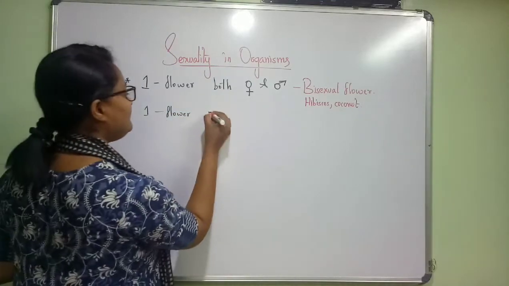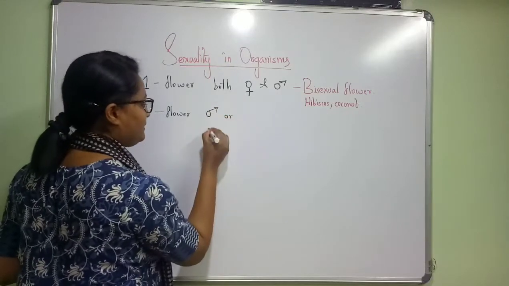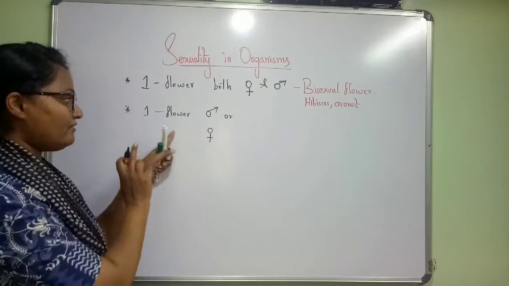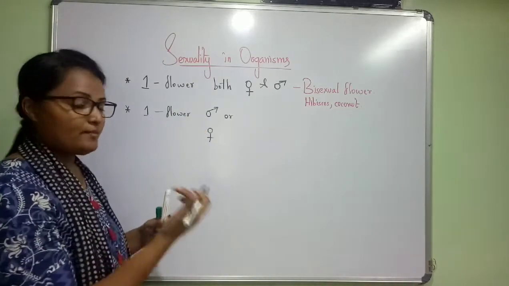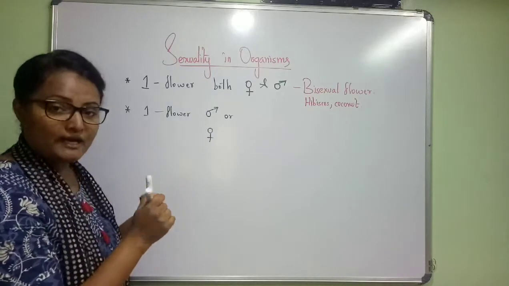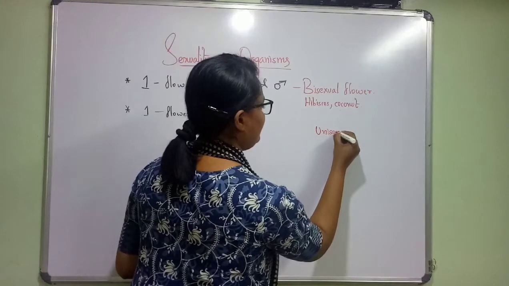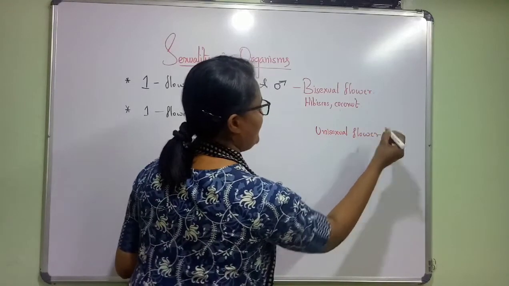Okay, in the same way, next condition, if one flower either contains male or female reproductive part, a flower containing either male or female reproductive part is called as unisexual flower.